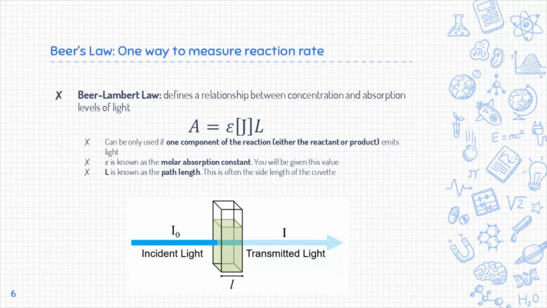Okay, so we've established the relationship between concentration and absorption. But there's also one more thing we can learn from this analogy, and that is how thick the colored glass is.